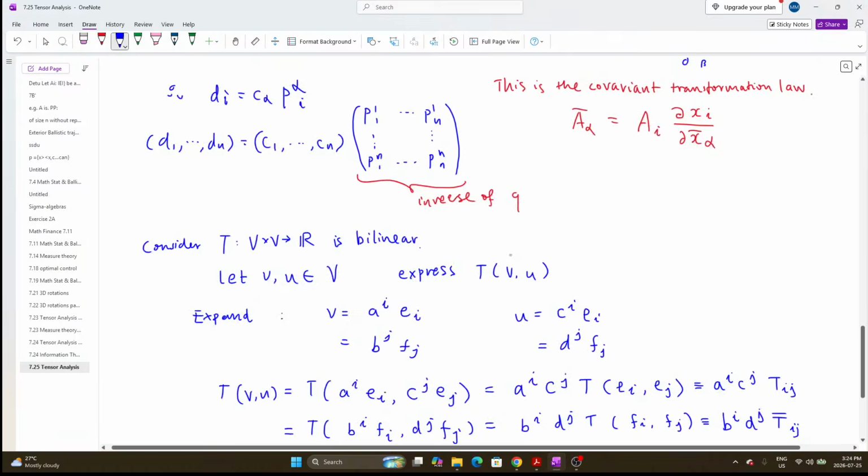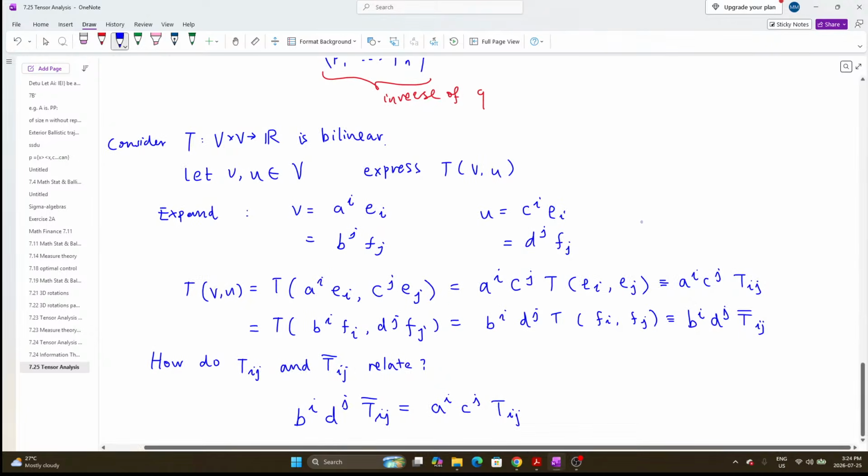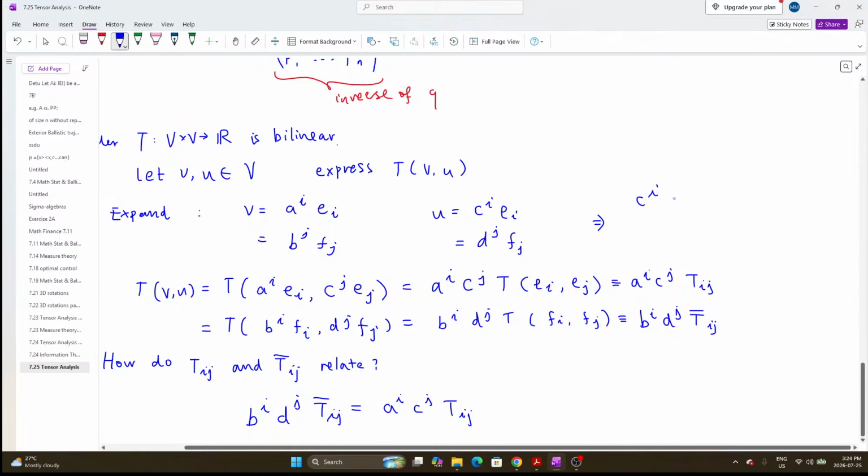So the new coordinate C I is the old coordinate A. Let's first not write the index and then multiply by Q. So the index of A should be summed over. So let's use A alpha, and the upstairs index should survive, and the downstairs index is summed over.